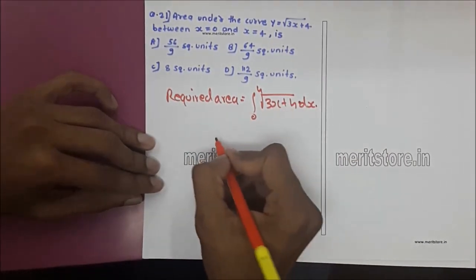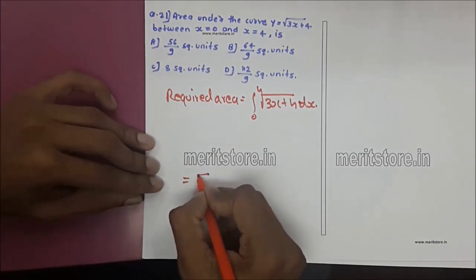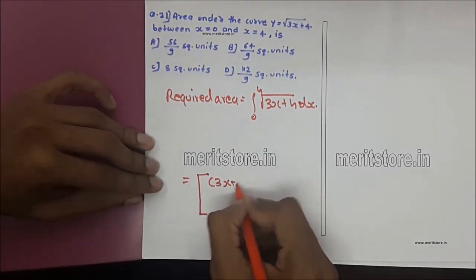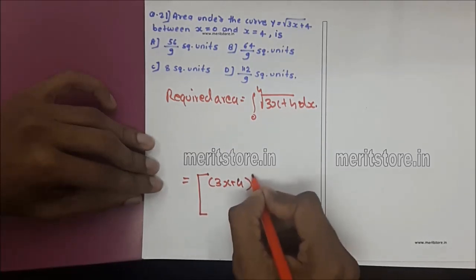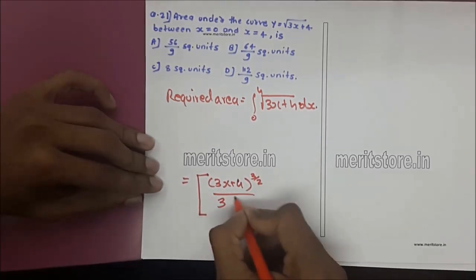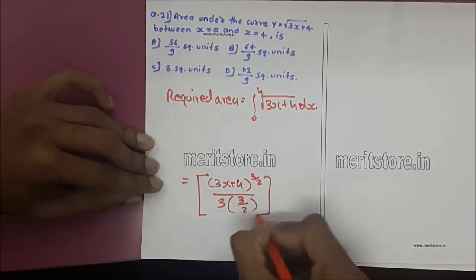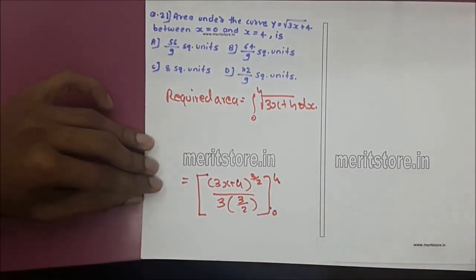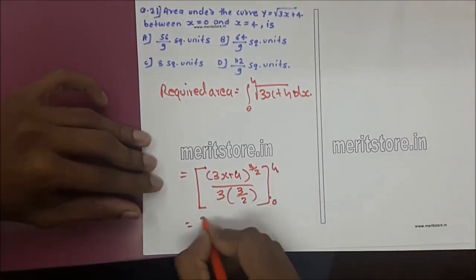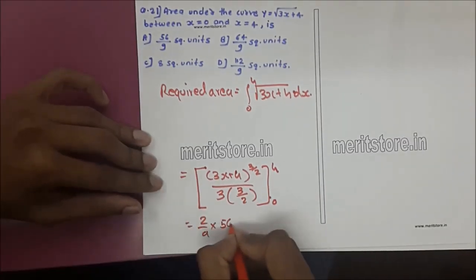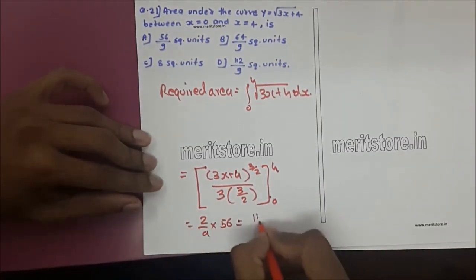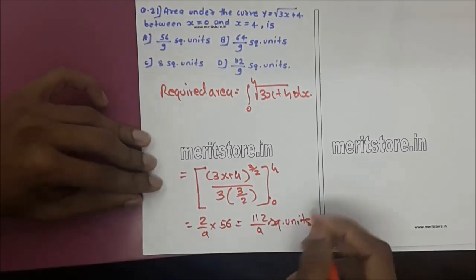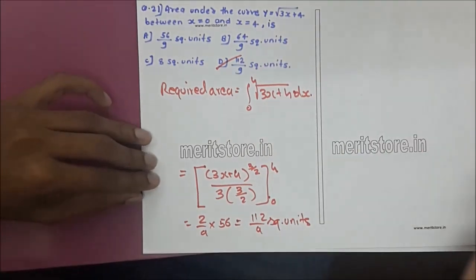So we integrate, we get 3x plus 4 raised to 3 by 2 into 2 by 9, from 0 to 4. We substitute the value of limits in x, we get 2 by 9 into 56, that is equal to 112 by 9 square units, which is option D. Option D is the correct answer.